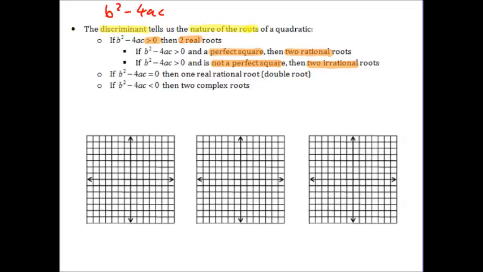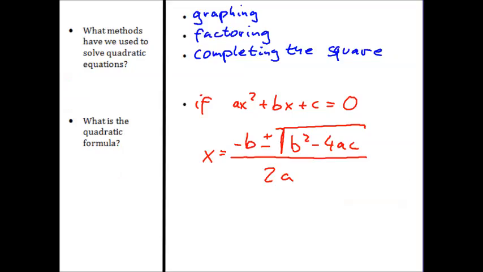If b squared minus 4ac is equal to 0, then we have only one real rational root, and we also call this a double root. Now, how is that possible? Let's look back at our formula.